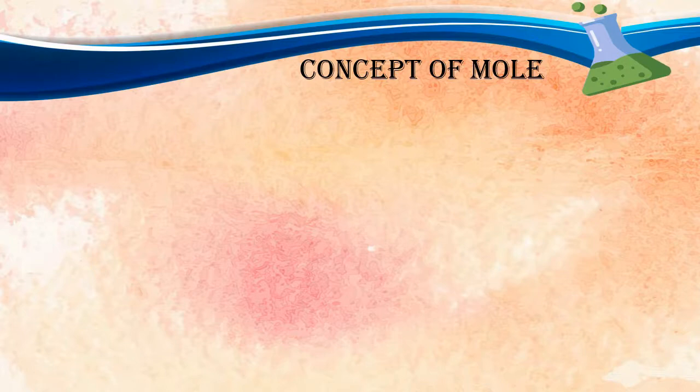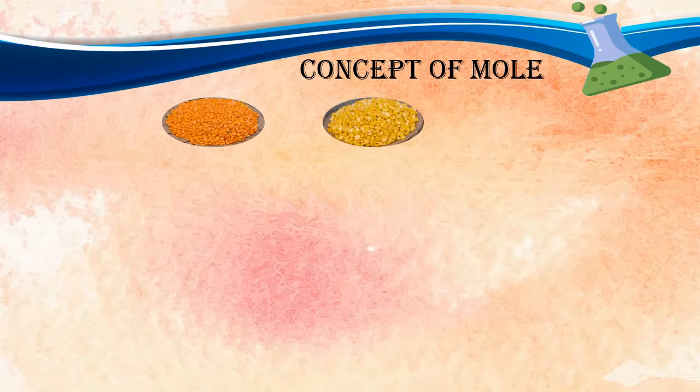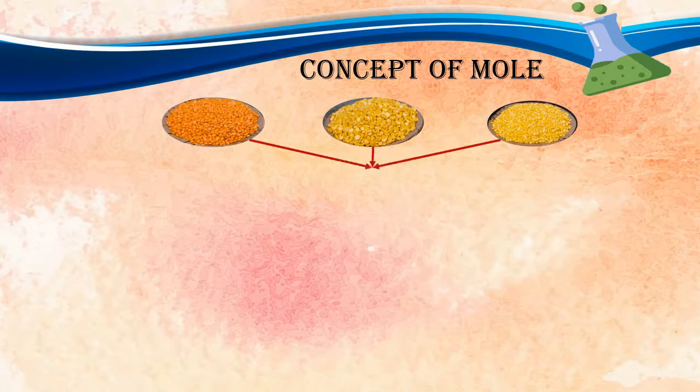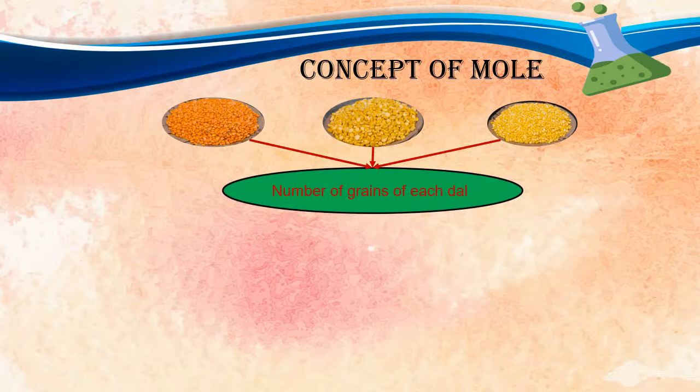Let us learn the concept of mole. Let us see one activity. Weigh 10 grams of masoor dal, 10 grams of tur dal and 10 grams of moong dal. Now count the number of dal grains of each kind in the weighed portion.